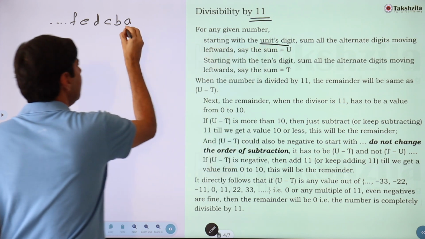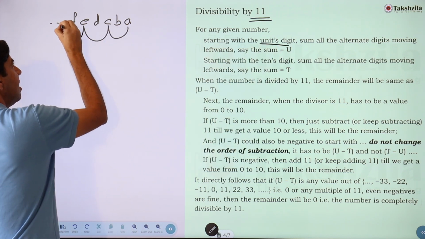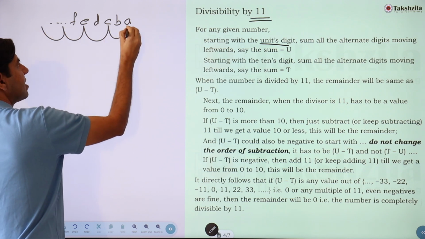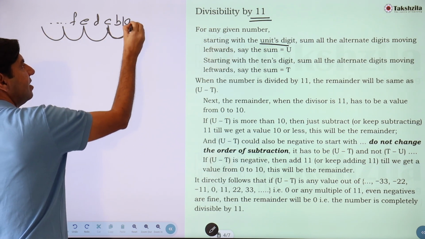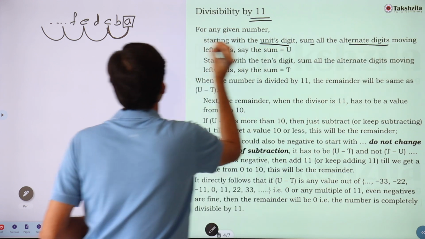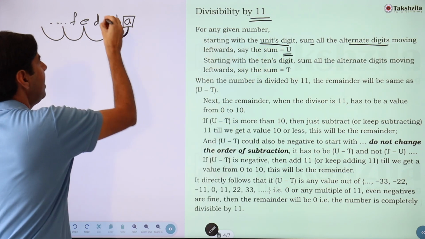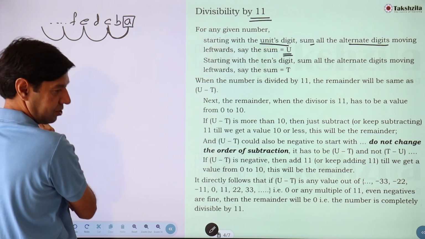Start with the unit digit and add alternate digits. So this sum that we start with the unit digit, this sum of all alternate digits, we call it U. And then the other alternate digits.